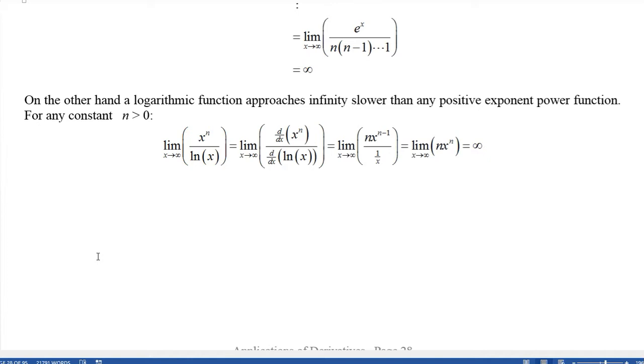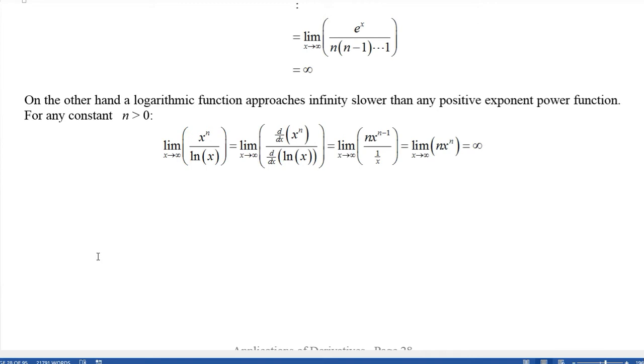The derivative of x to the n is n times x to the n minus 1. The derivative of ln of x is 1 over x. And when you simplify that by multiplying numerator and denominator by x, you get n times x to the n. And of course, n being a positive number makes that whole thing go to infinity.